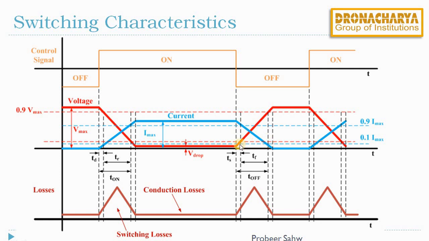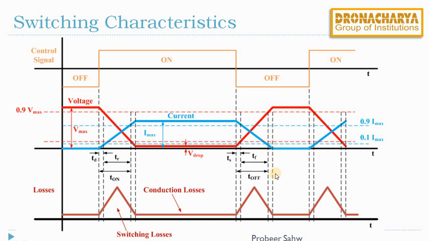Simultaneously, the voltage gradually rises to 90% of its maximum value. So after T off time, the switch again regains its blocking properties, and we say the switch is off as there is no current flowing through the switch after this point.